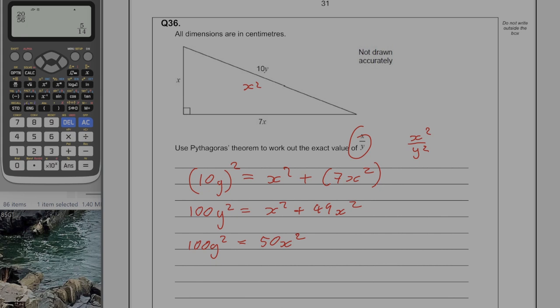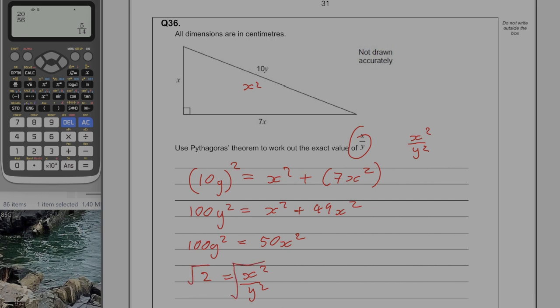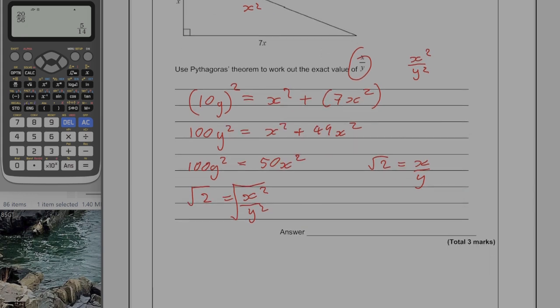That's going to give me 2 is equal to x squared over y squared. Right, and if I square root both sides, that would give me root 2 is equal to x over y. We could have plus or minus, but we're dealing with a length, so we can't really have a minus. So x over y is just root 2.